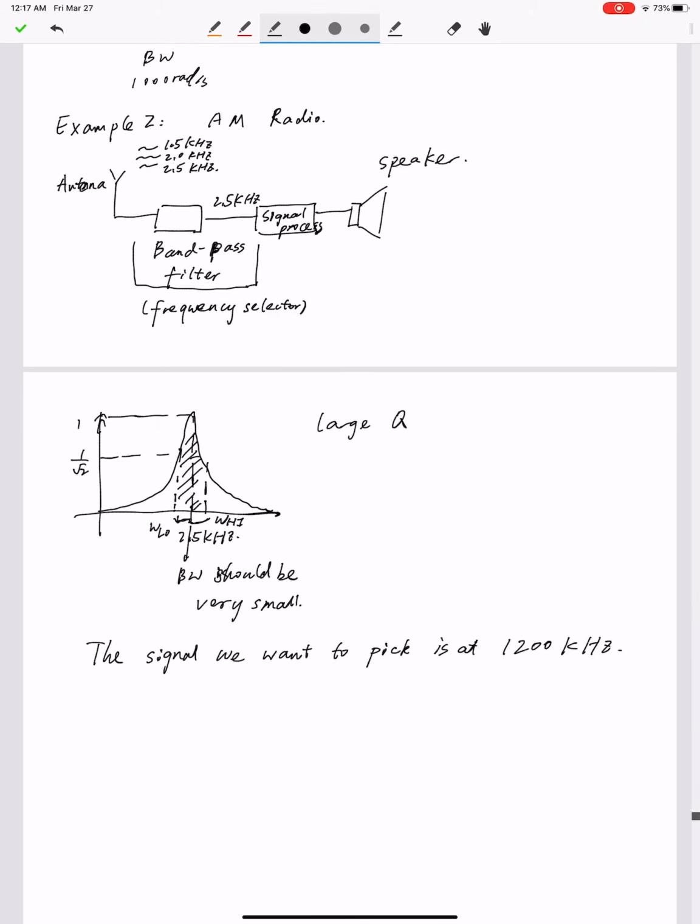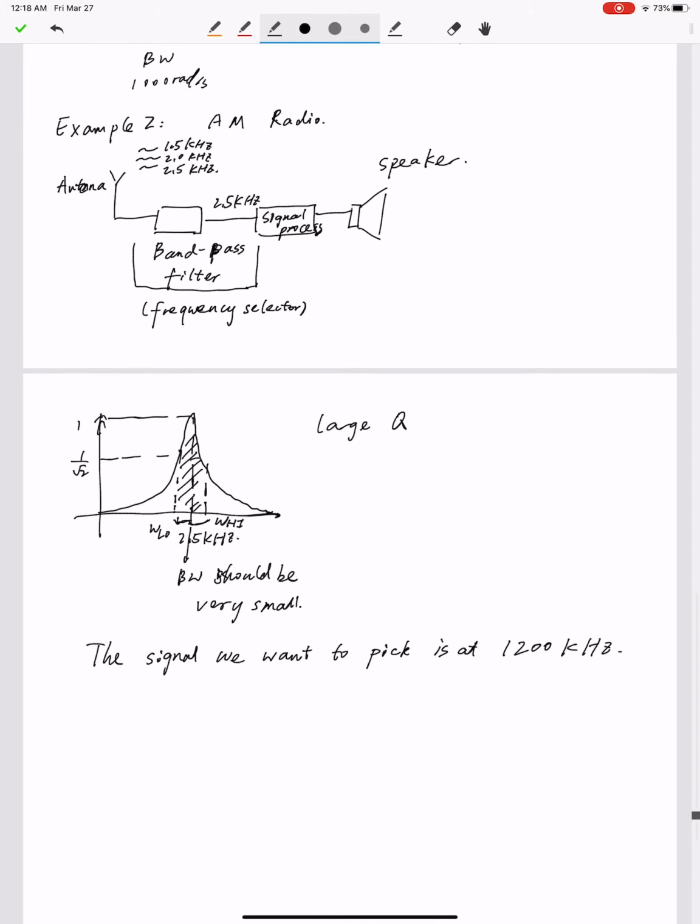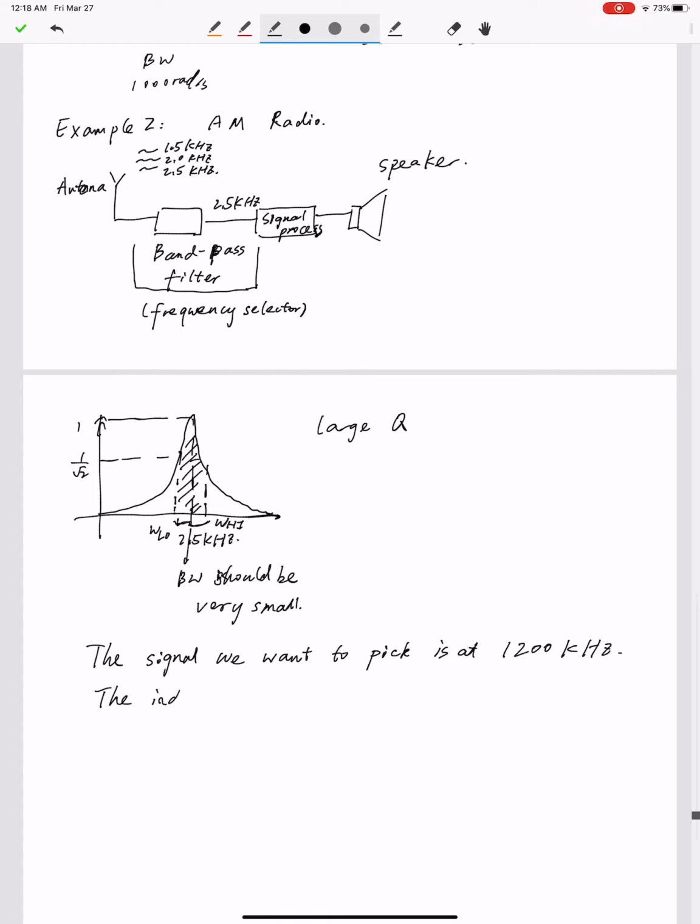And if I tell you the inductance of the bandpass filter is 100 microhenry, can you tell me what the other component values are, such as the capacitance and resistance?